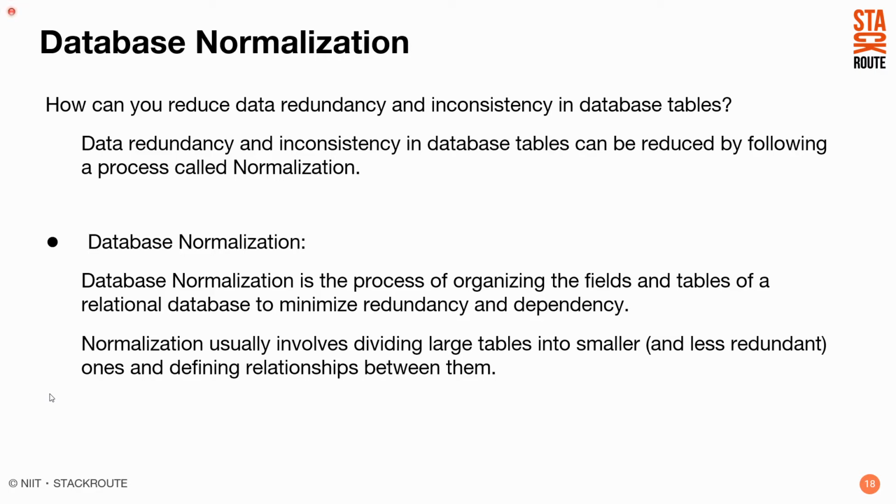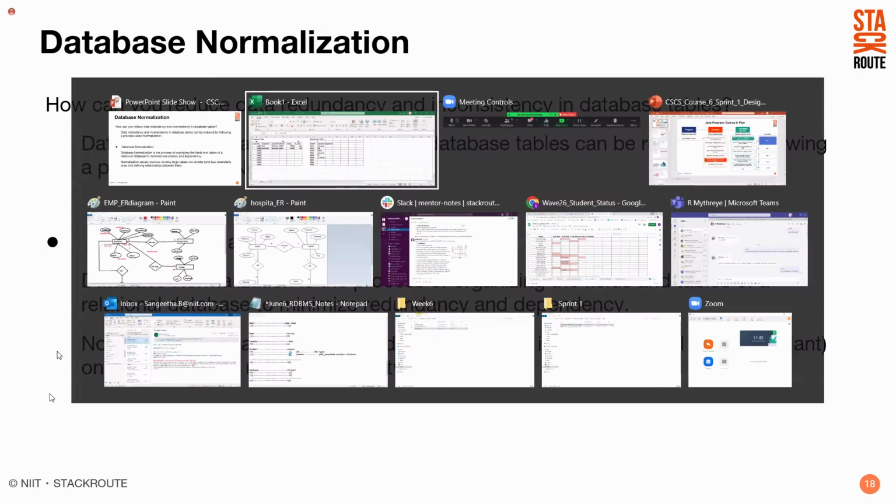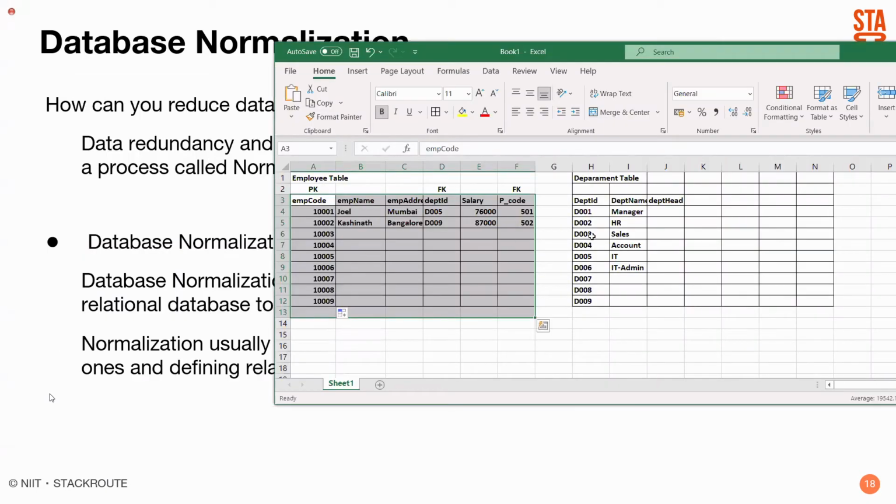Normalization helps in reducing data redundancy and inconsistency of data. Whenever you are handling a table, there may be chances where you will have repetition of data. In a database, you should not accept repetition of data, because repetition of data leads to a lot of confusion.